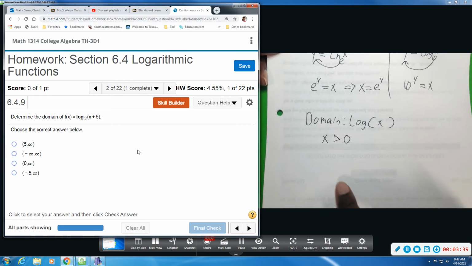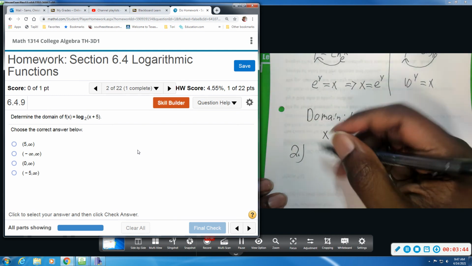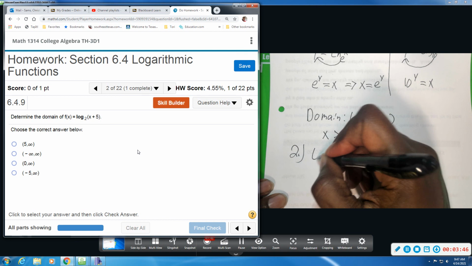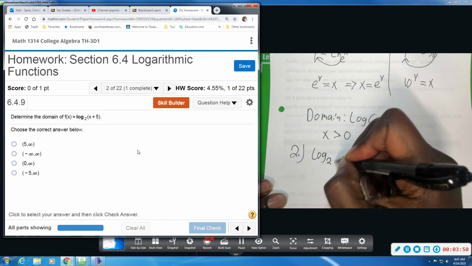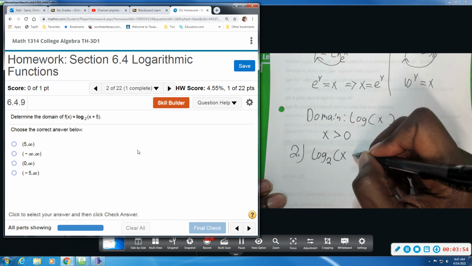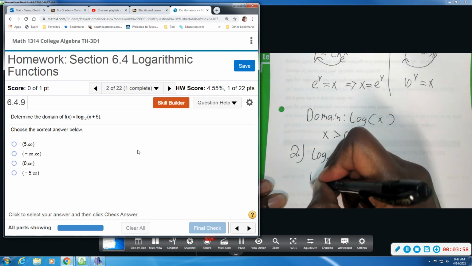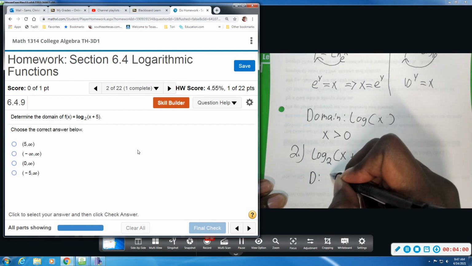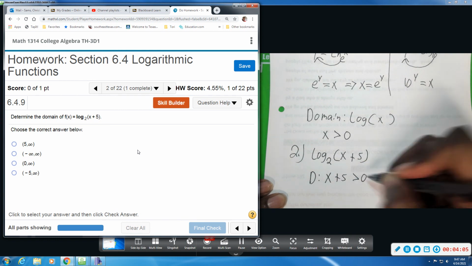All right, so in this case, number 2, we are given log, and see, they give us the base this time, base 2, but the 2 does not affect your domain. We're only focused with the x plus 5 part. So when I'm looking for my domain, I'm focusing on x plus 5 has to be greater than 0.